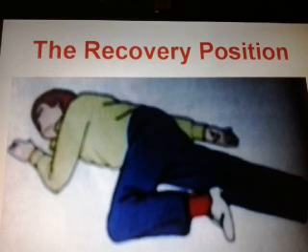This position is called the recovery position, and it helps the casualty to keep the airway open, so preventing unconsciousness of the casualty.